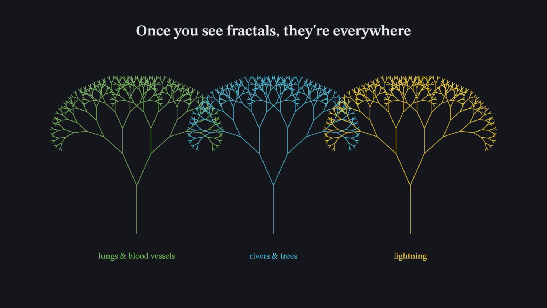A bolt of lightning forks in fractal branches as it claws for the path of least resistance. River networks, snowflakes, mountain ranges, the florets of broccoli, the rings of Saturn, all built from the same simple rule, repeated at every scale. Mandelbrot's insight was that the messy, irregular world is not formless at all. It is fractal. The smooth lines and perfect circles of old geometry were the real exceptions.